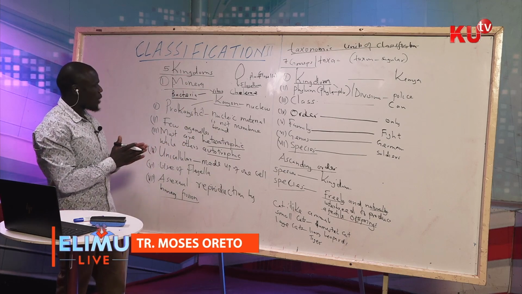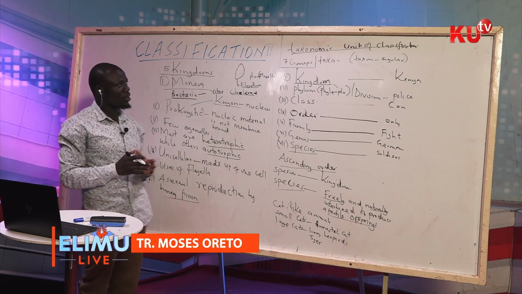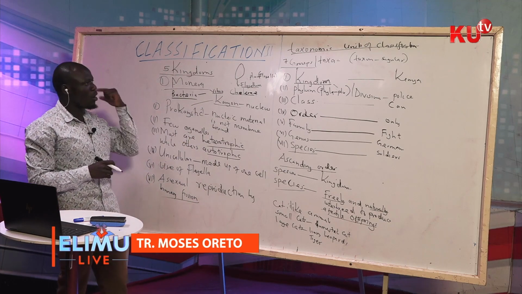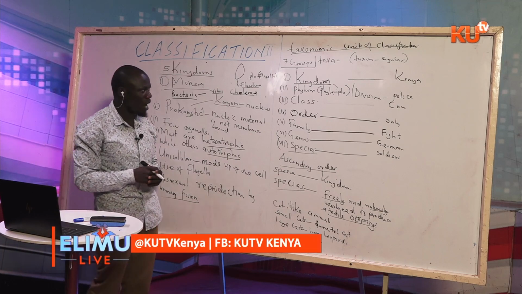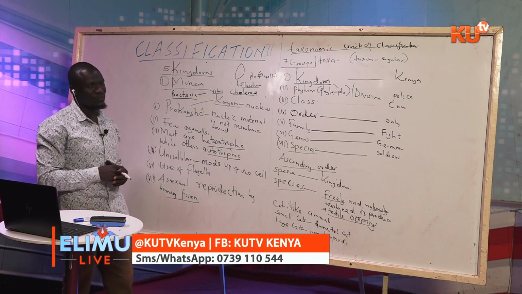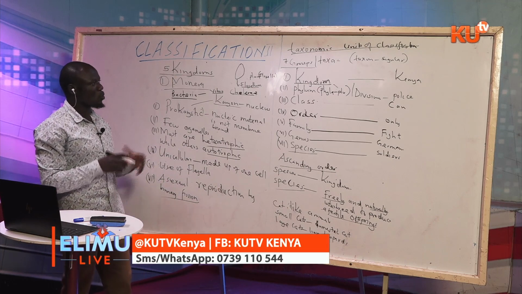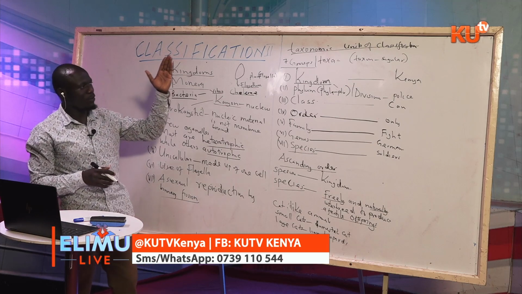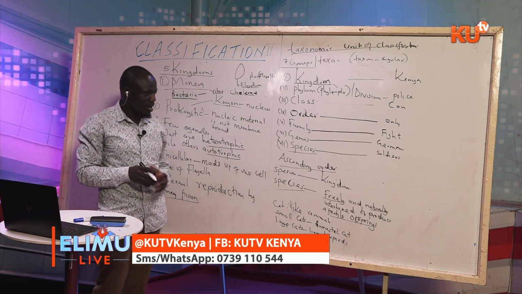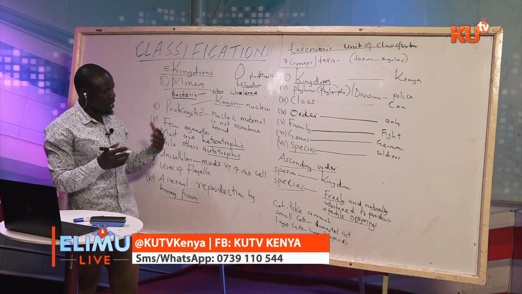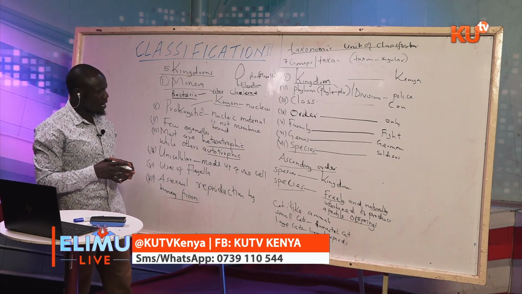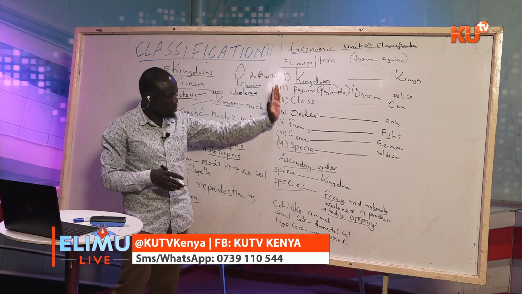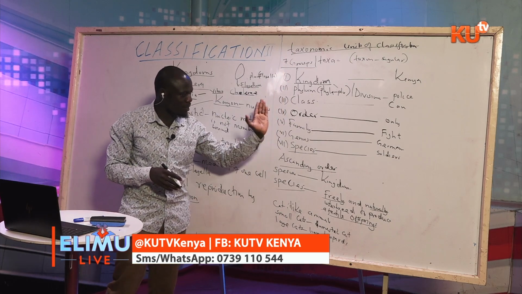I was just looking at the basic introduction of classification in Form 3, which was more of a reference to what we did in Form 1, where we defined classification and looked at the 7 taxonomic units of classification, all the way from the kingdom to the species. We also narrowed down to the word species, and looked at scientific naming. These things are elaborated in more detail.